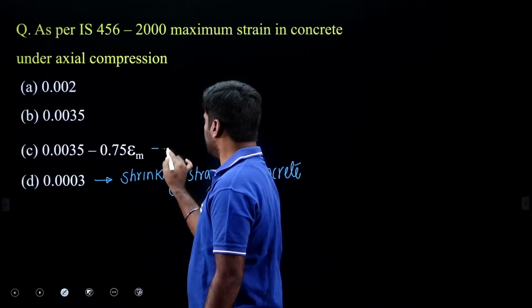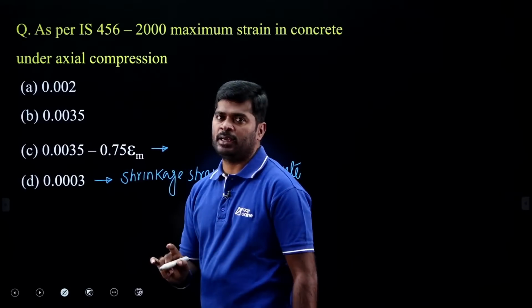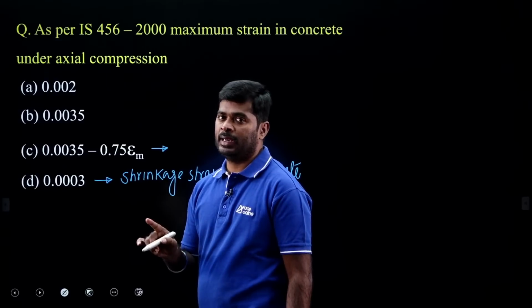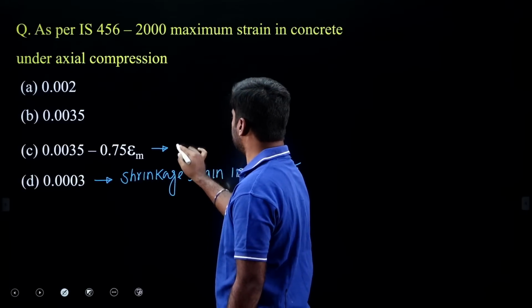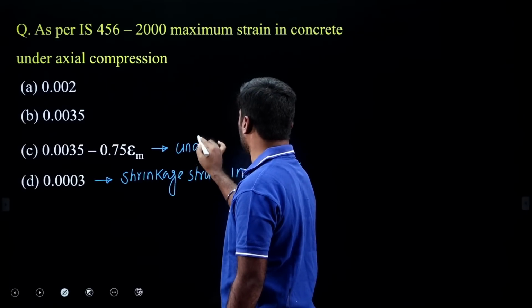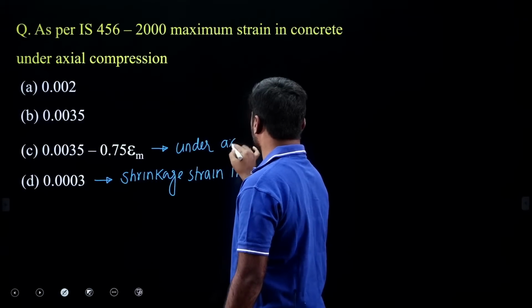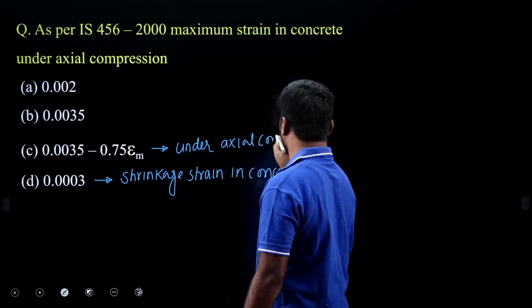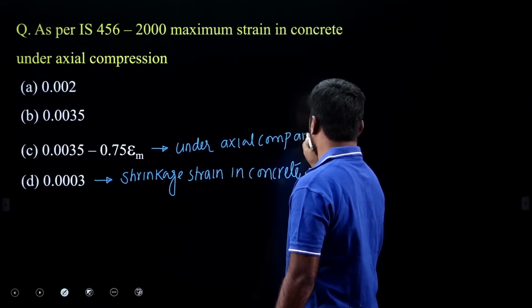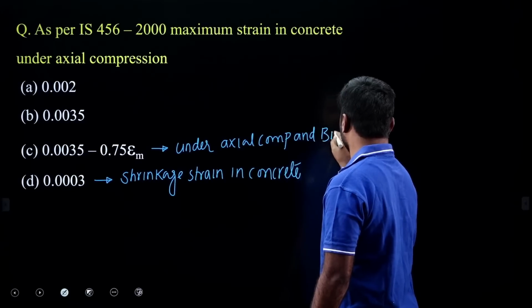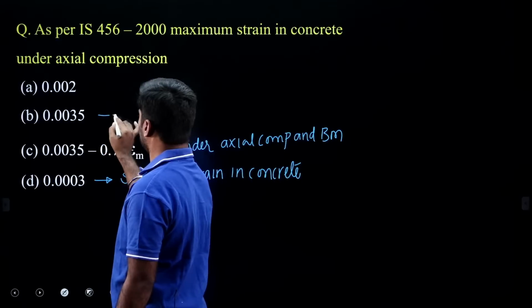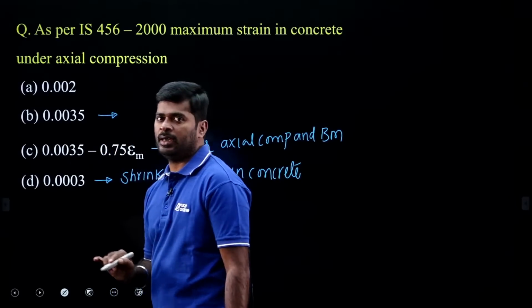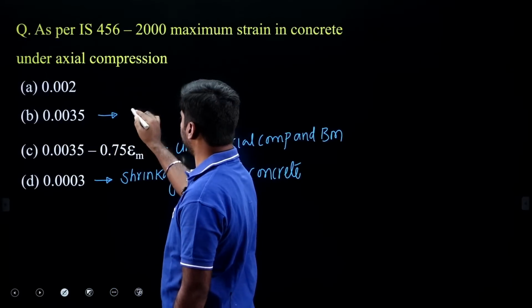And option C, it is the maximum strain in concrete, my dear, under axial compression and bending moment. Now, option B, it is the maximum strain in concrete under bending moment.